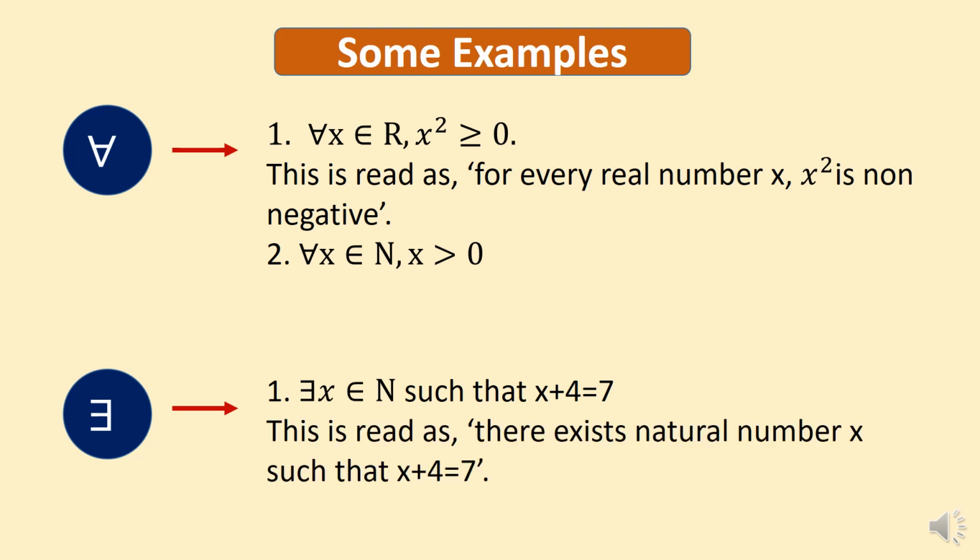So you can read it as there exists natural number x, such that x plus 4 is equal to 7. The second example, there exists x belongs to N, such that x minus 3 is equal to 1. Which is this natural number? Yes, it is nothing but 4. So we know that all such numbers do not satisfy the given conditions. That is why we use this particular symbol when we read about these examples.